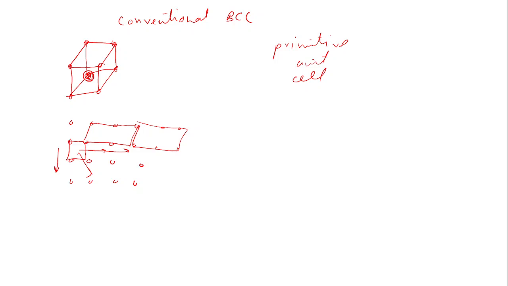Or I can make something like this. So this and this are examples of primitive. This is not primitive, but they still, after repetition, will generate the whole lattice.